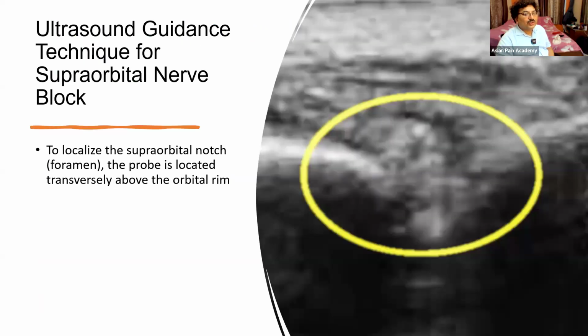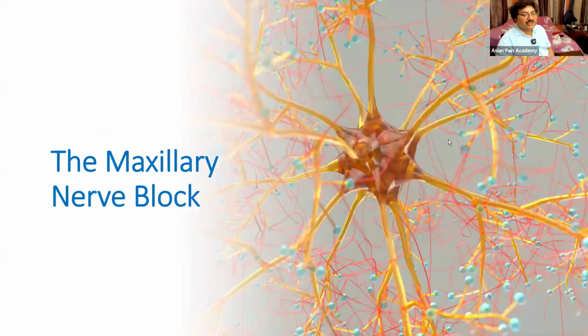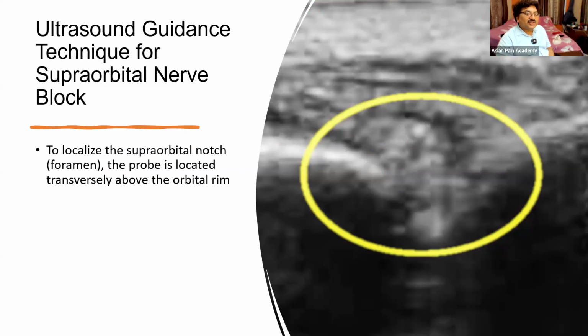So we have to search for the supraorbital area and the supraorbital notch, and locate the nerve and the vessel coming out through this foramen at the supraorbital area, and then put our probe. As the depth is very minimal, it is usually a little difficult to put the needle in a long axis, in-plane approach, so in most cases we sometimes have to go for the out-of-plane approach.